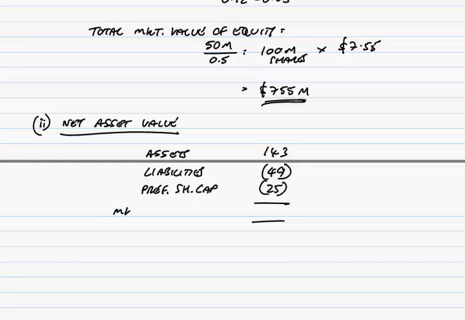And so the value of the equity, 143 minus 49 minus 25 is 69 million. Or, of course, the value of the equity, using book value of net assets, it's the share capital of 50 million.